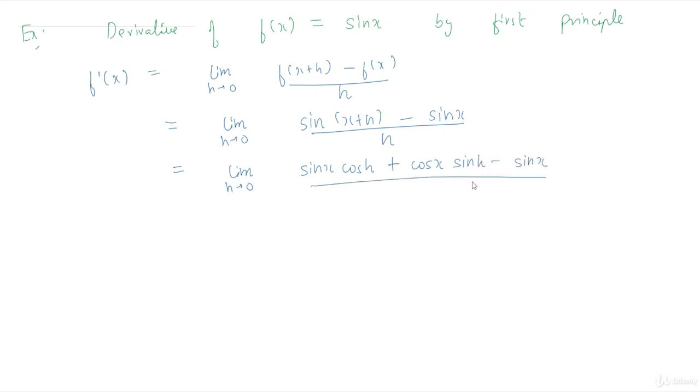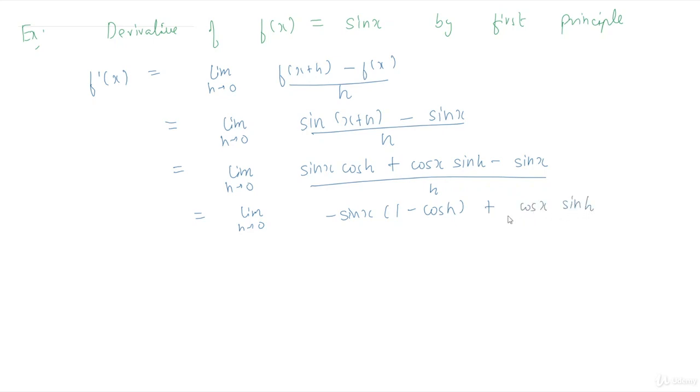Okay, so now let's try to take something common and rearrange in a better way to compute the limits. So when we take minus sine x as a factor, this is minus sine x times 1 minus cos h, and this is cos x sine h.